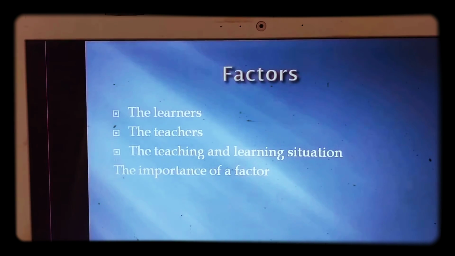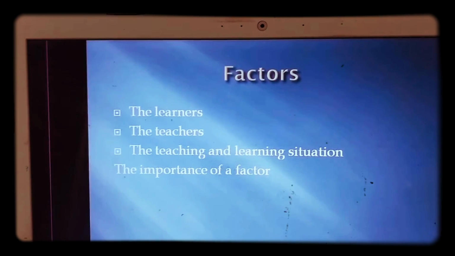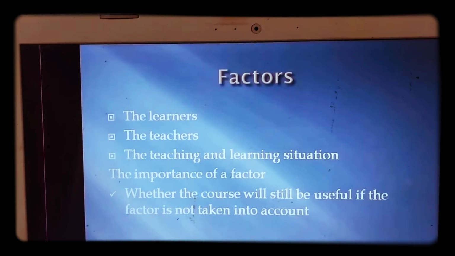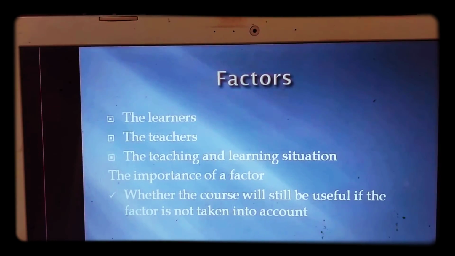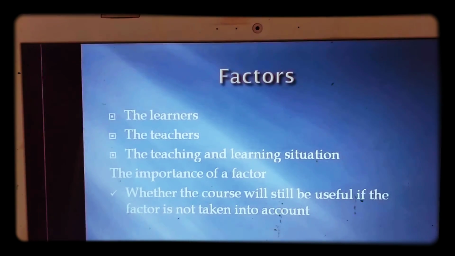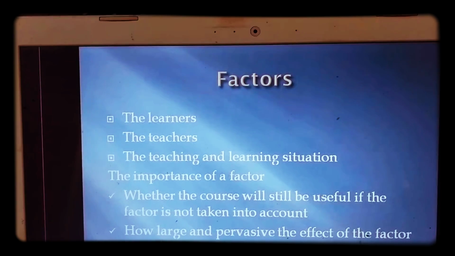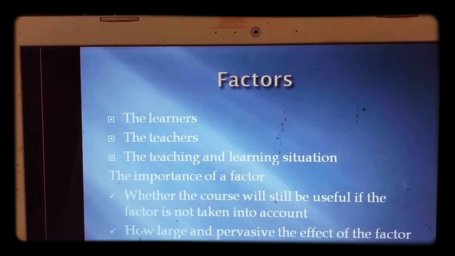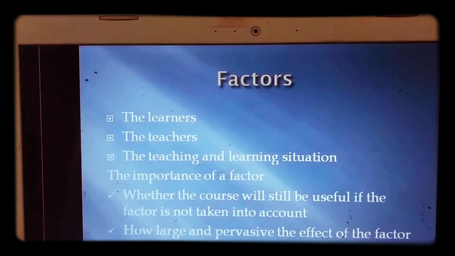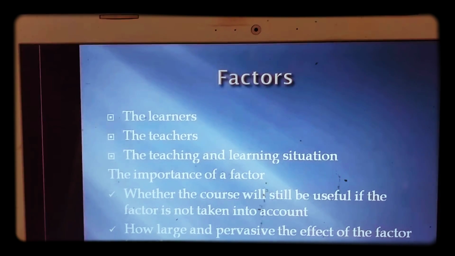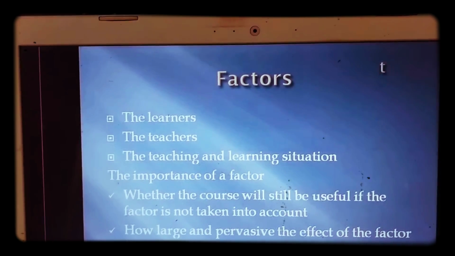The most important factors depend on whether the course will still be useful if the factor is not taken into account, thus how large and pervasive the effect of the factor is on the course.